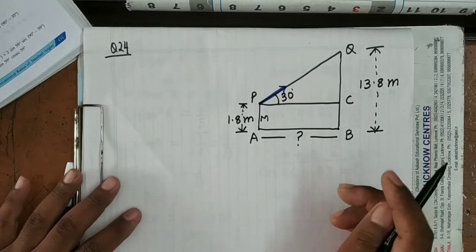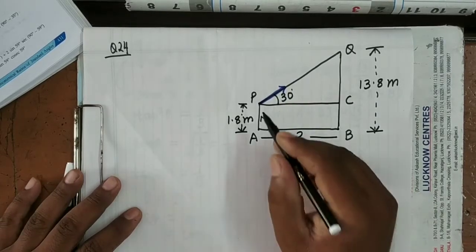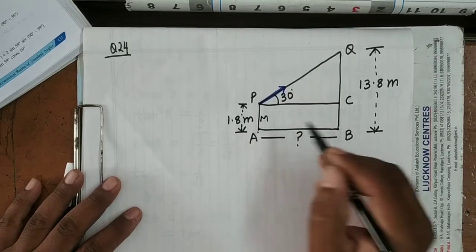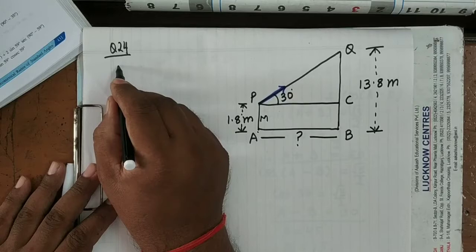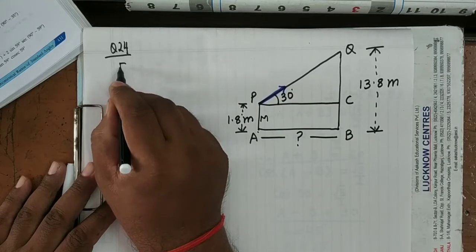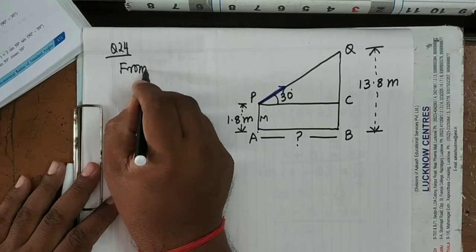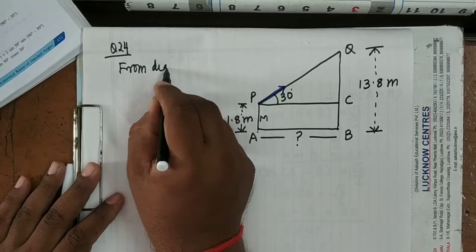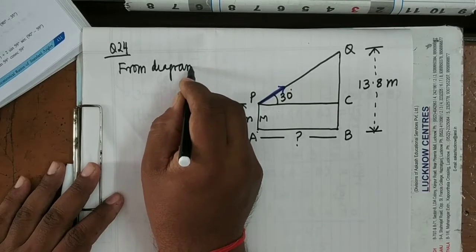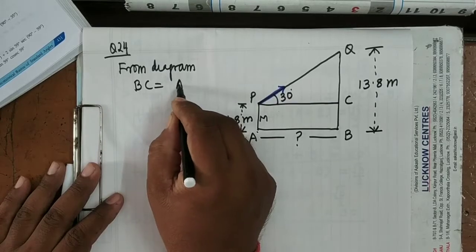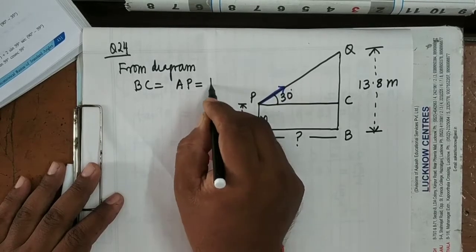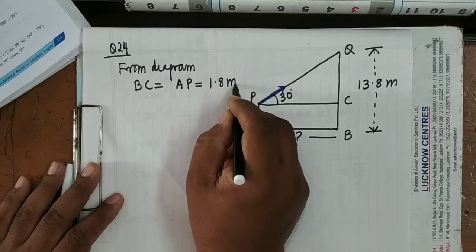It is clear. So you can see here in this diagram, AP is 1.8, therefore BC will also be 1.8. So from the diagram, BC equals AP equals 1.8 meter.